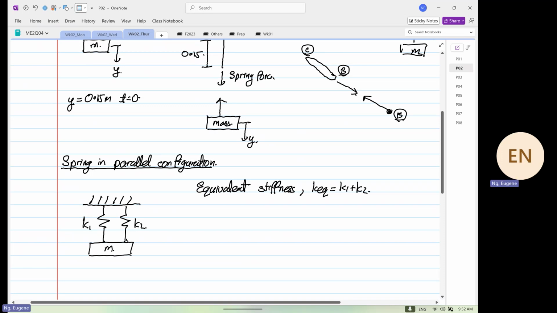Okay. So if now we were to calculate the natural frequency, what we have is omega n equal to the square root of K equivalent over the mass. Therefore this is equal to the square root of (K1 plus K2) divided by M. Okay, and the units over here are radians per second.